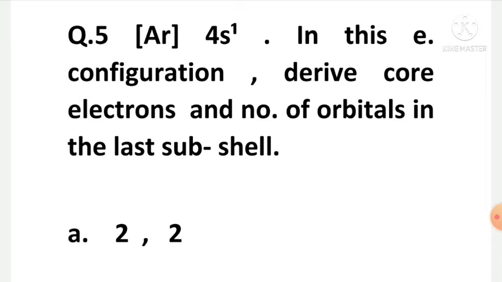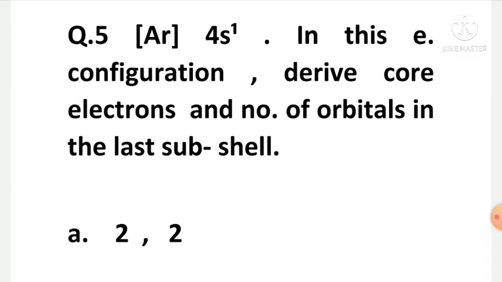Here first we have to write the electronic configuration of the given element, and we have to derive first the core electrons, excluding the outermost shell, and the number of orbitals in the last subshell. In the last subshell we have just discussed the orbitals.